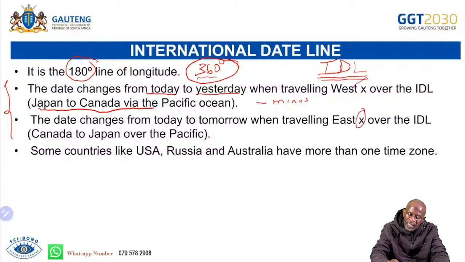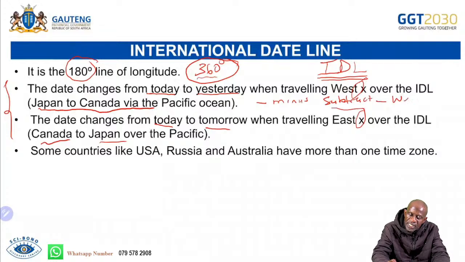This X just indicates that when you cross over the IDL, moving eastwards from Canada to Japan over the Pacific, then you'll have to increase 1 day. So today will change to tomorrow. So in the first instance, you subtract a day when you move westwards.